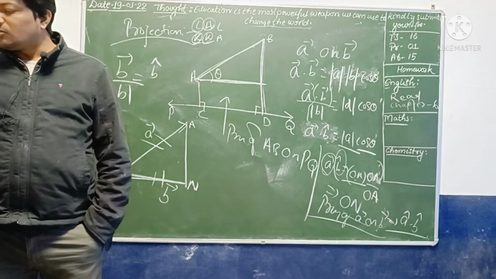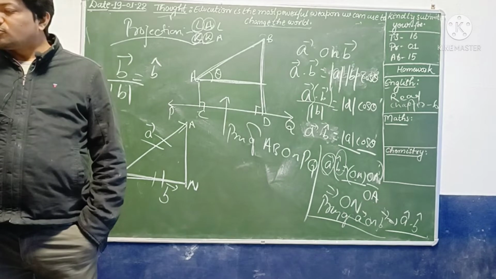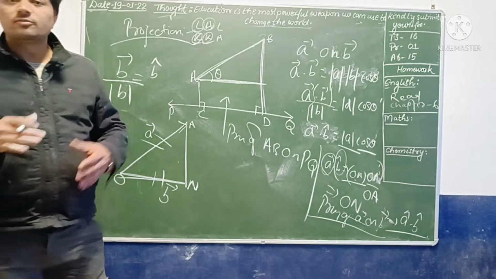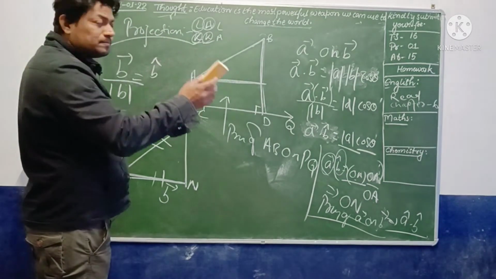Now we have to talk about the vector multiplication. Right? We have to start vector product of two vectors. It's the most important topic. Clear?